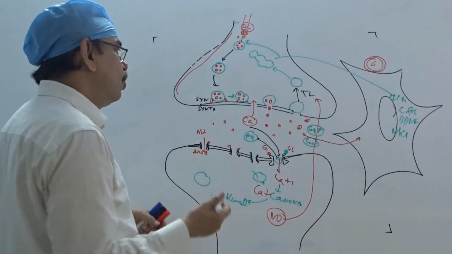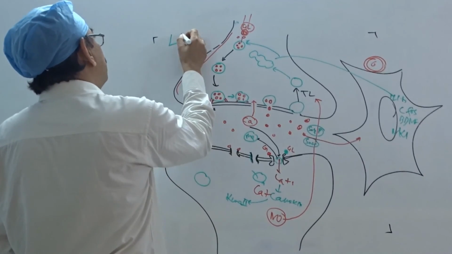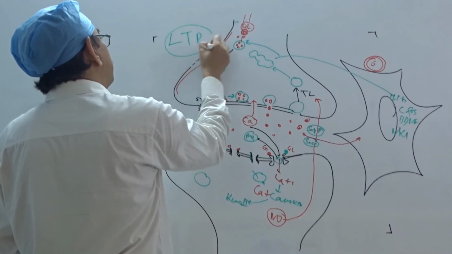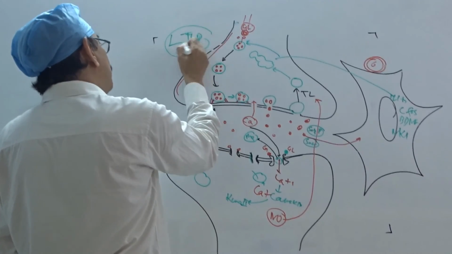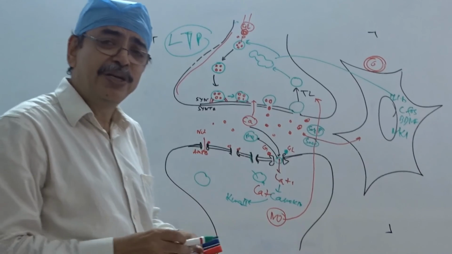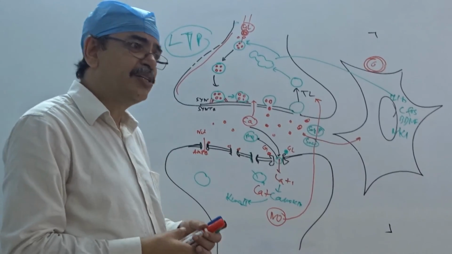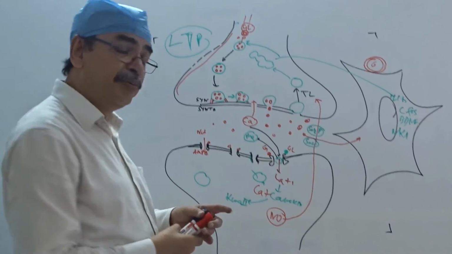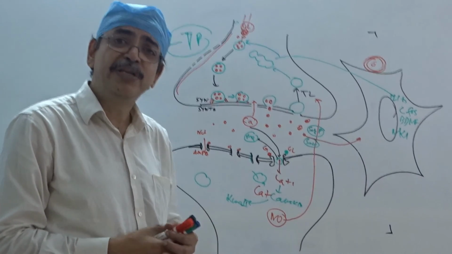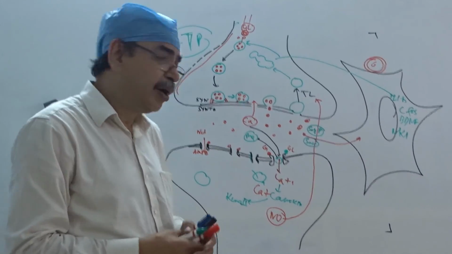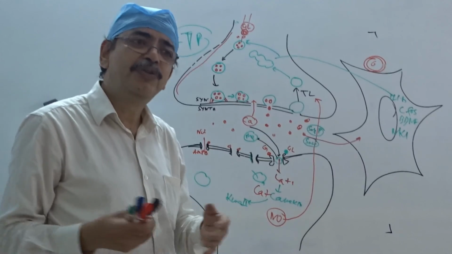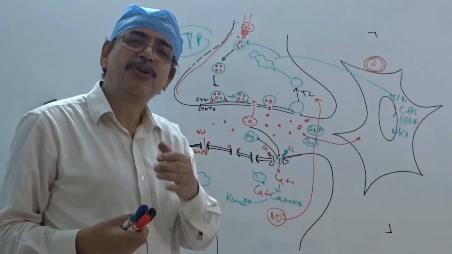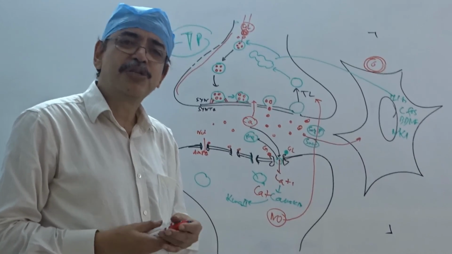This as a whole is called long-term potentiation, or potentiation. Studies on long-term potentiation have mostly been done at the level of the hippocampus, but it occurs at the level of the spinal cord, at the level of the dorsal horn cells.